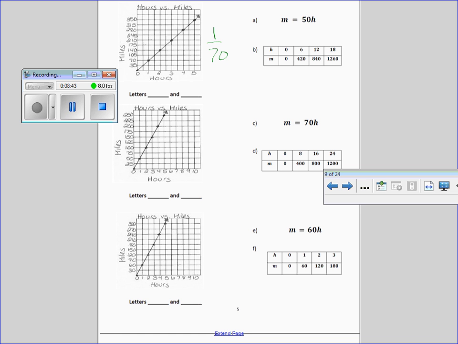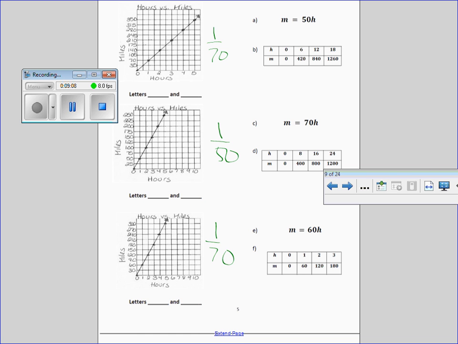A and D. No, not answers. Let's do values first. What's the ratio, the value of the ratio for the second coordinate plane? Charlie. Third coordinate plane.